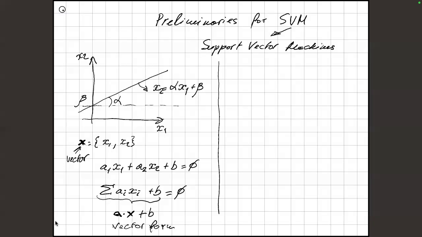Next, we have a line, but we want something extra. So maybe this is our x1, x2, and this is our beautiful line over here. And here we have a point P with some coordinates x1,0 and x2,0.